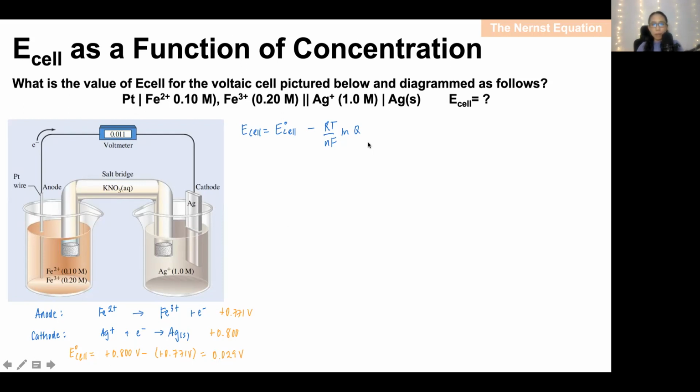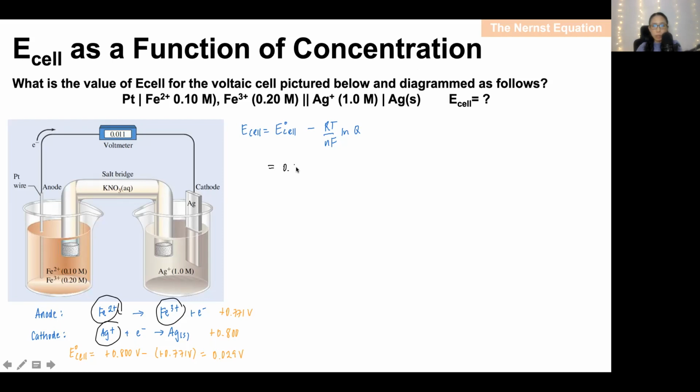Now, in our Q, in our reaction quotient, which is in the numerator, which is in the denominator. So we see here from our reaction, we have iron 3 as a product, and we have iron 2 and silver ion as reactants. So now, let's go to our Nernst equation.